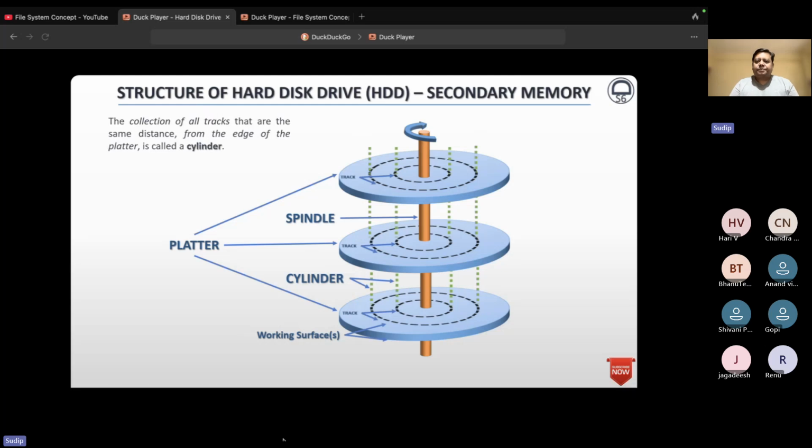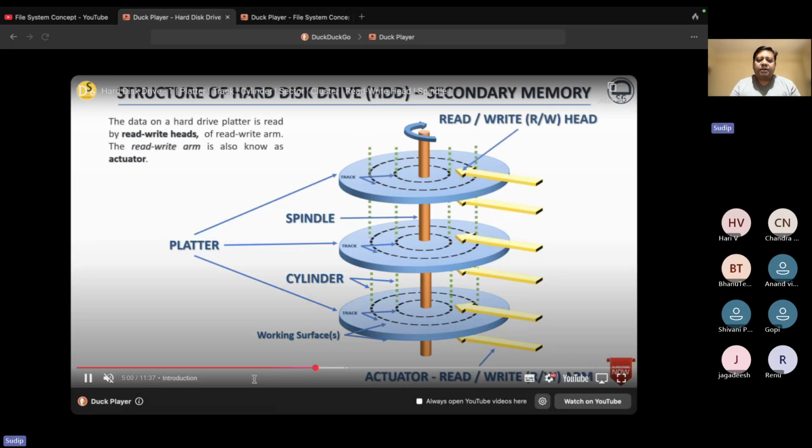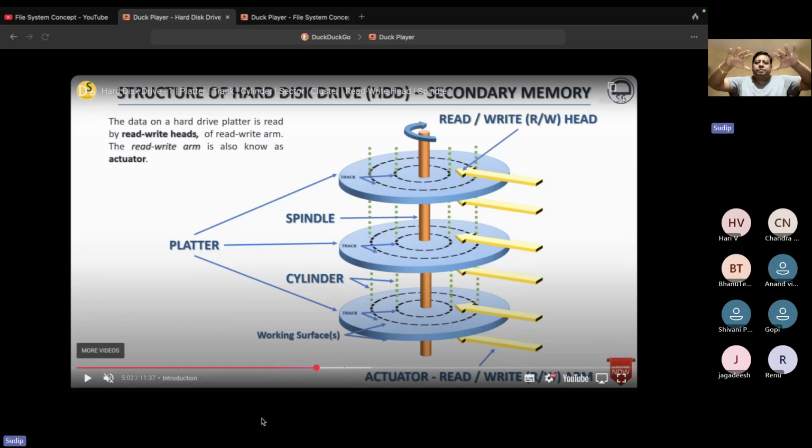And then if you take concentric or same tracks across platters, that's called a cylinder. This is very important, please understand. So let's say that the top platter has got 10 tracks. The outside track is track 1, then track 2, then track 3, so on and so forth.